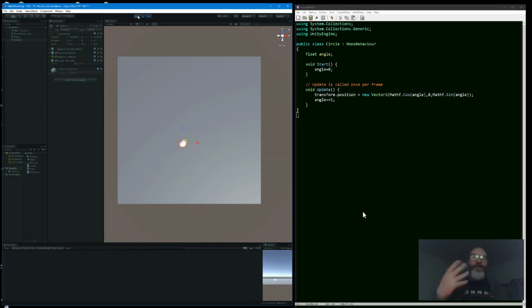Because it's very important to understand that mathematicians use radians and not degrees for a very good reason. A radian is basically the distance around a circle of unit 1. If you have a circle which has a radius of 1, then you can measure an angle by measuring the length of the circumference for that particular angle that you want.